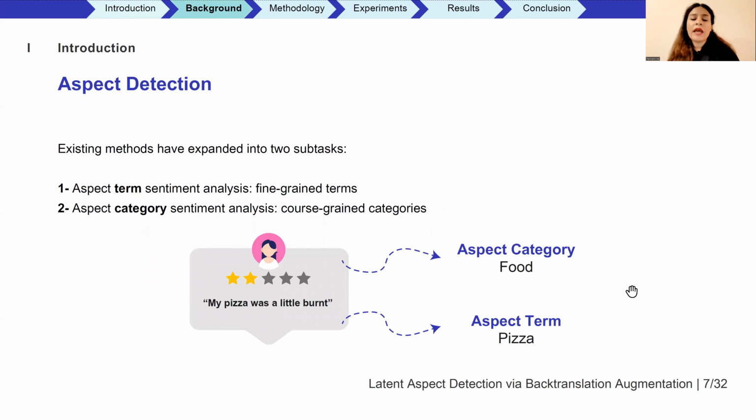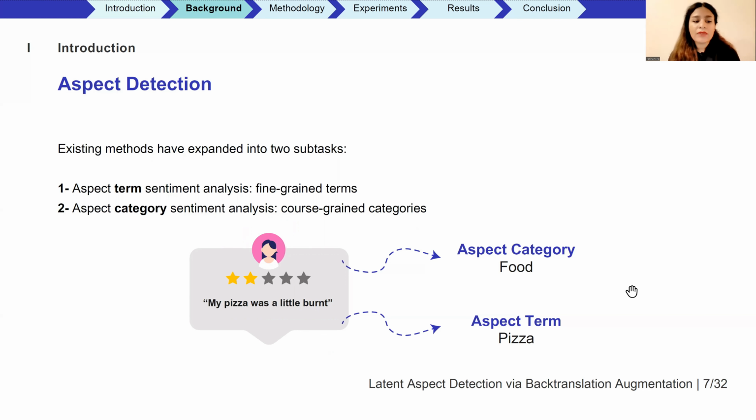Existing methods in aspect detection and finding the respective opinions and sentiments have primarily expanded to two subtasks. The first one is aspect term sentiment analysis, and the other one is aspect category sentiment analysis. In aspect term sentiment analysis, we extract explicit terms that point to an aspect by either tagging the terms or delineating the spans.